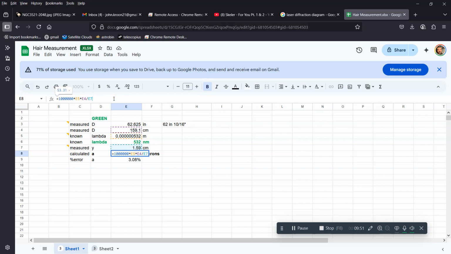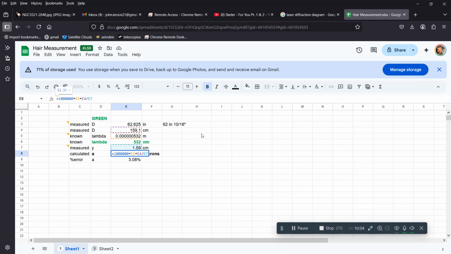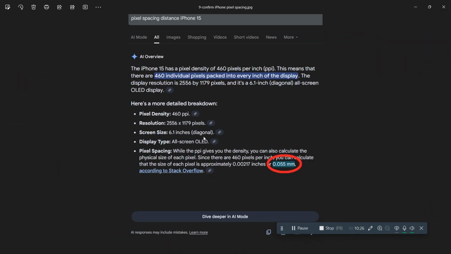So I got 53.31 microns, and here's the equation if you recall. So we're solving for a, so it'll be lambda d over y. And so I measured these, except for lambda, which was given to me, and I get 53, let's just say 0.3 microns.